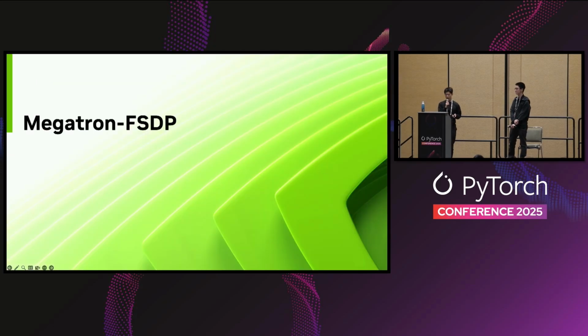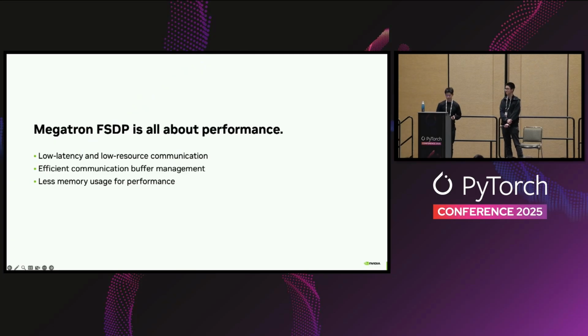So let me get to Megatron-FSDP. Megatron-FSDP is all about performance. We did a lot of work, but all these optimizations fall in 3 high-level categories. First, we improved the collective communication performance, basically making the communication low latency and also use fewer resources, so that the computation can overlap with the communication using more resources to make it faster.